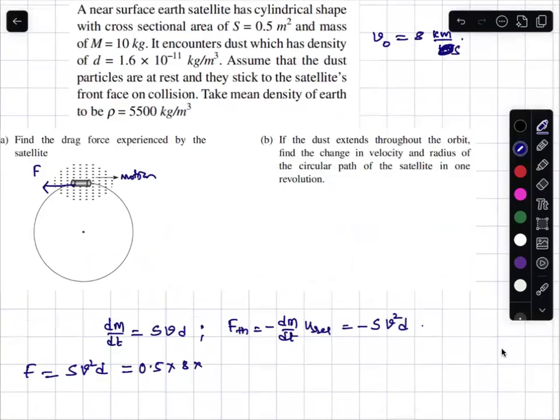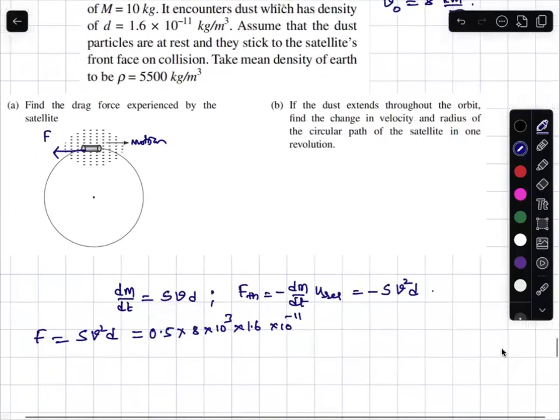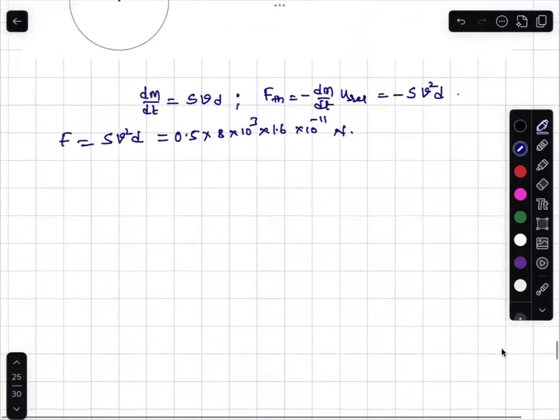So 8 into 10 power 3 into density of the dust particles, 1.6 into 10 power minus 11. Roughly, I'm taking like this. So you'll get nearly some 6.4 or whatever it is. It is your choice. Newtons.